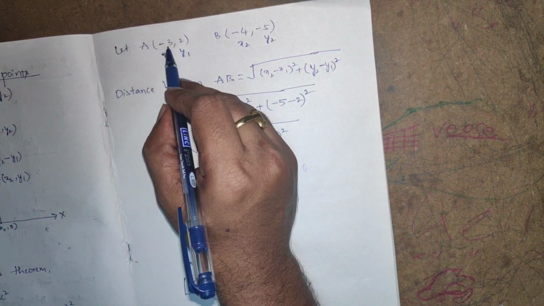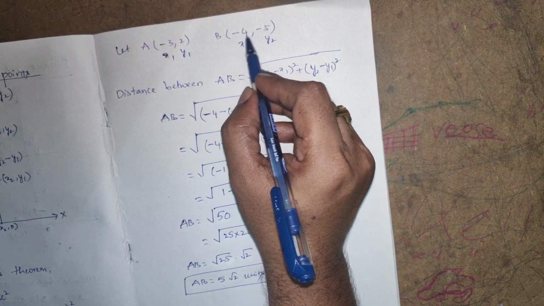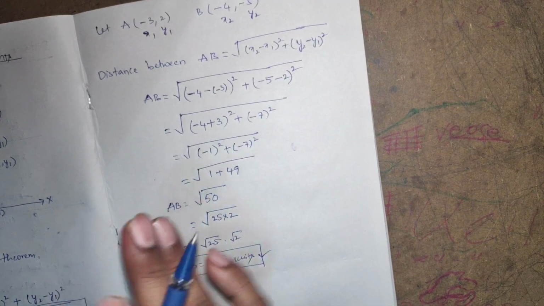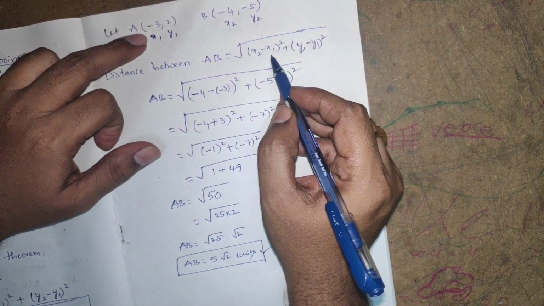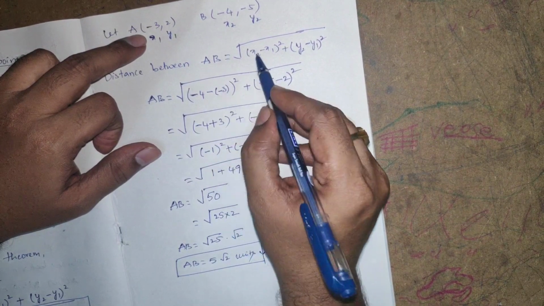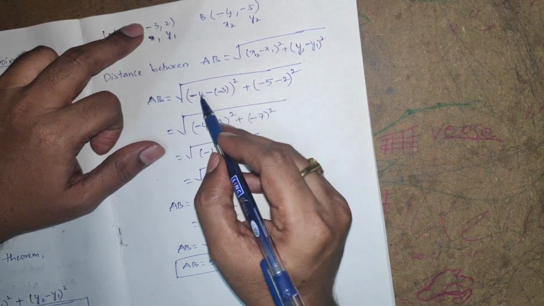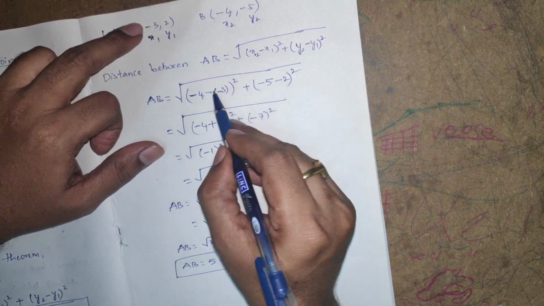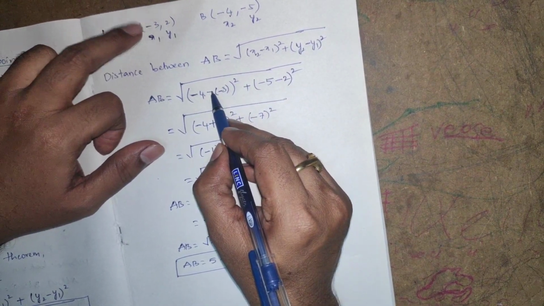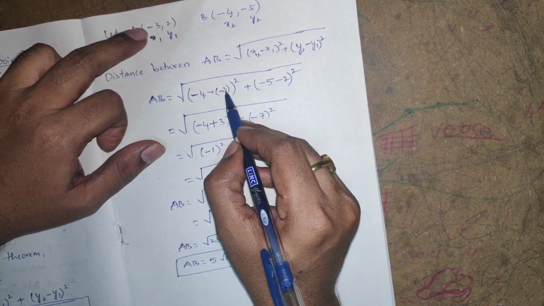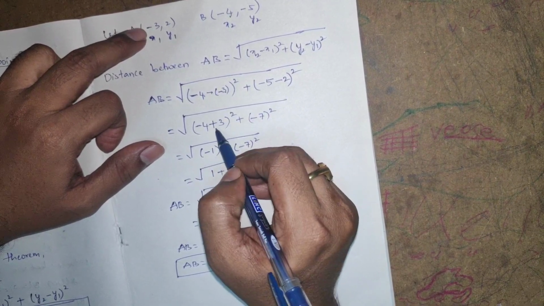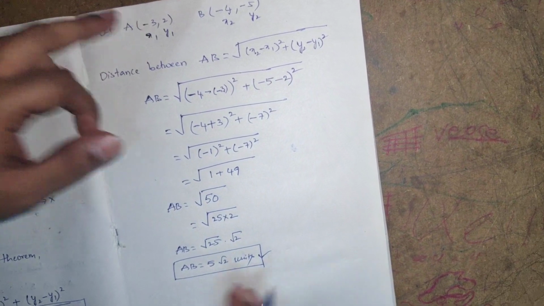If A is equal to (minus 3, 2) and B is equal to (minus 4, minus 5), here we need to observe the minus of minus 3. Since the x2 value is minus 4 and the x1 value is minus 3, this minus is here, and x1 also has one more minus, that's why one more minus here. Minus of minus will become plus, and we need to solve like this.